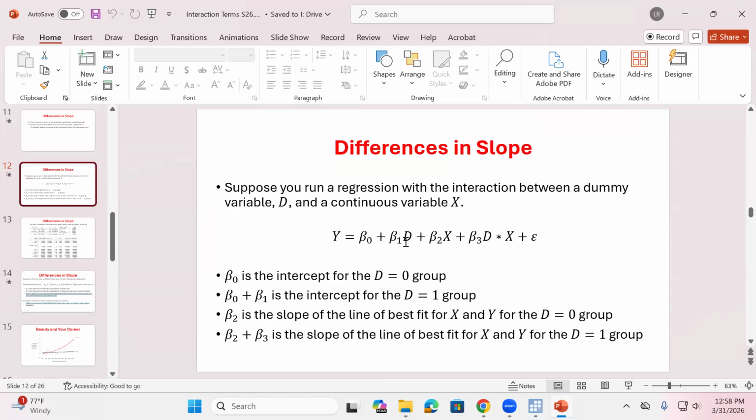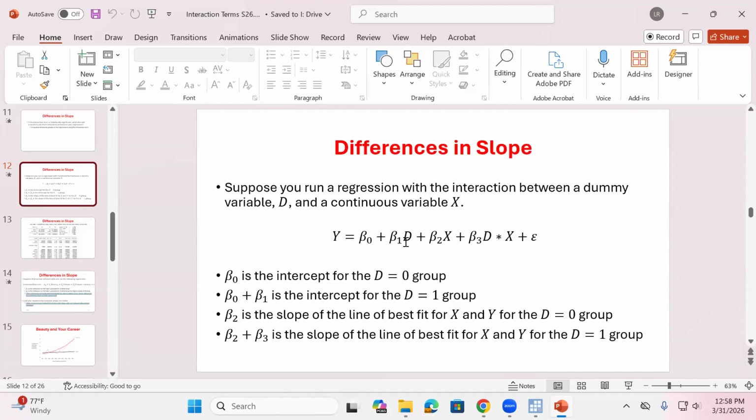If I just do the algebra, subtract this from the side, divide by negative beta 3, I end up with, similar to when we had that squared term, a turning point for that marginal effect.